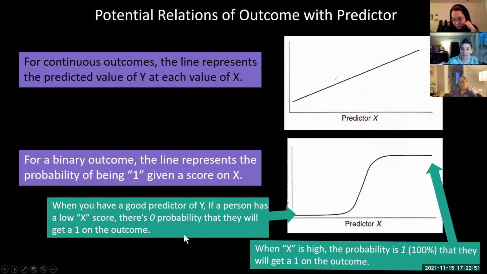So if you have a really good predictor of your y, then if a person has a really low score on your predicted x, they have a very low probability of this event happening. Now when x is high, if you have a good predictor x and x is high, then the probability is 1 or 100% that they will get a 1 on the outcome.